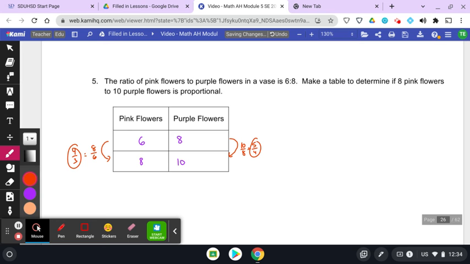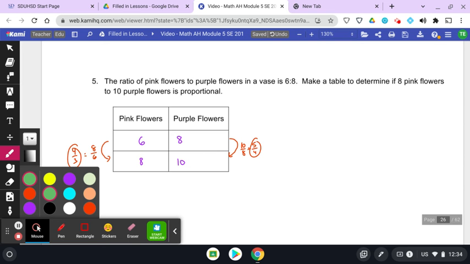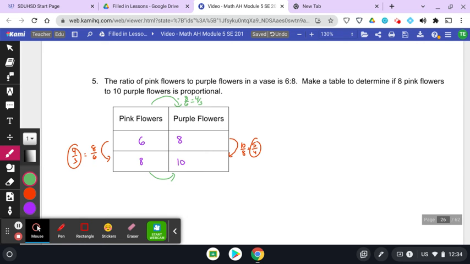Okay? Or I can look at it between the columns too. Here, I would be multiplying by 8/6, which is the same as 4/3. Here, I would be multiplying by 5/4, which is not the same.